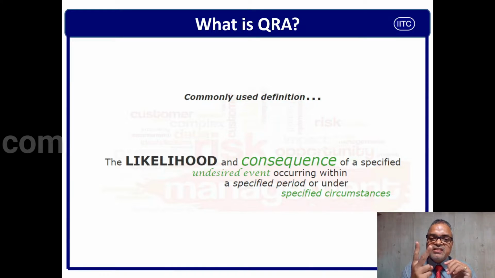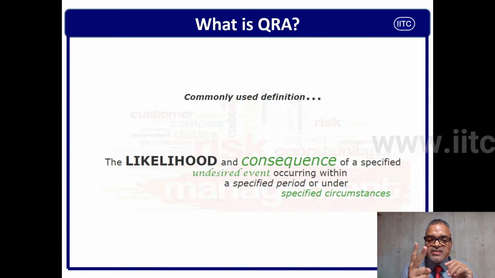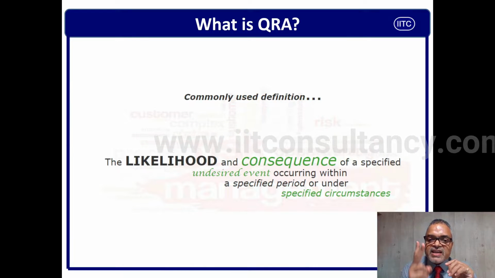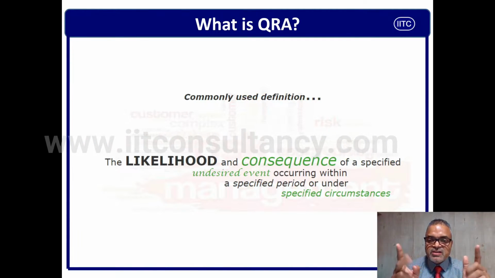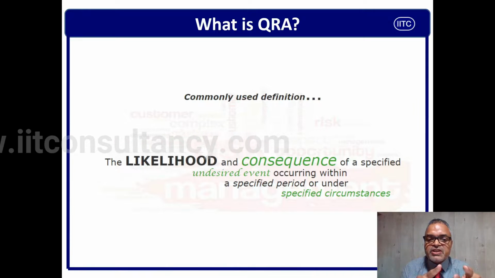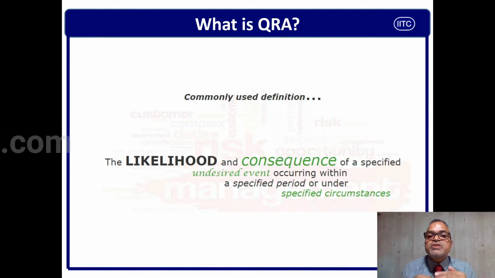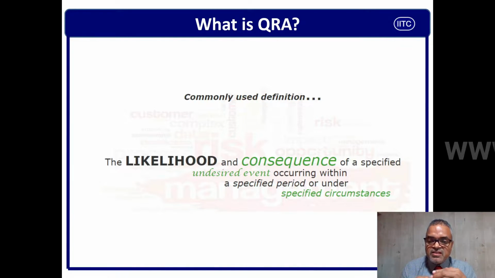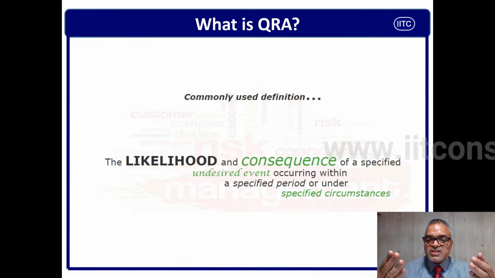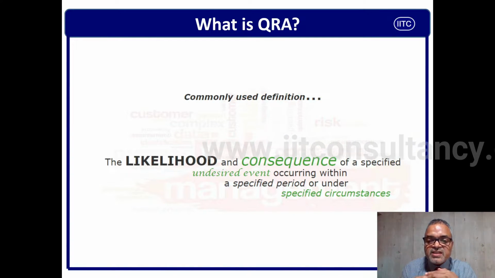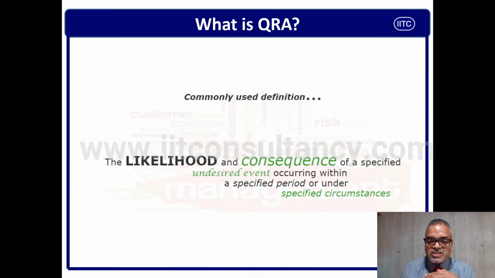Risk is basically a two-dimensional point, and you can say it is the multiplication of likelihood and consequence. This multiplication gives you a result which is called risk. And then there are two kinds of risk assessment: qualitative risk assessment and quantitative risk assessment.